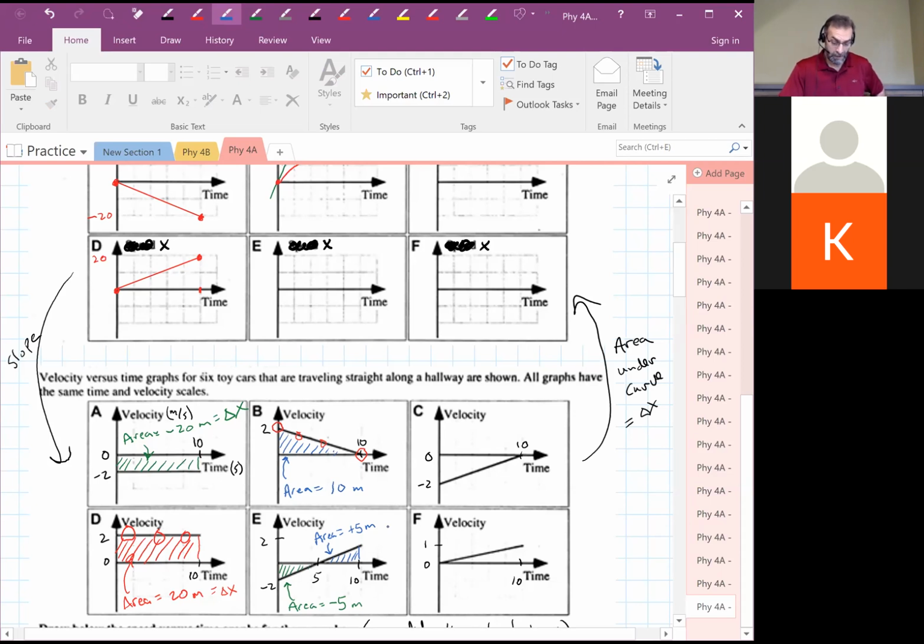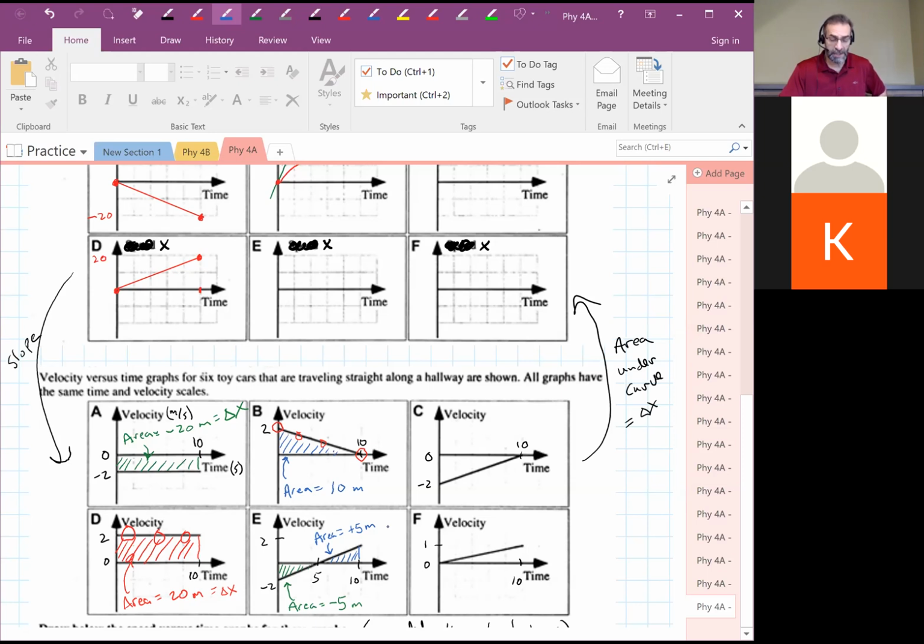Okay. So for the first half of this, for the first 5 seconds, the area under the velocity versus time curve is negative. For the second 5 seconds, it's positive. So it moved in the negative direction the first half of this time period. It moved in the positive direction the other half. And we add those two areas together, we get 0.